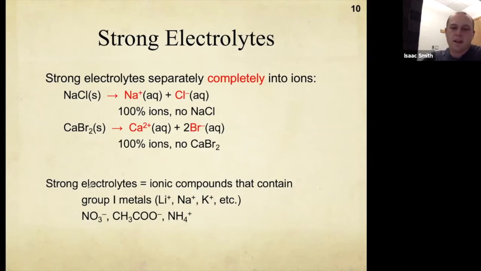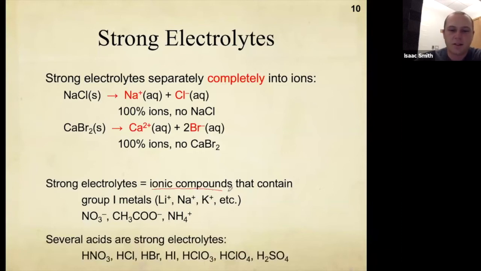We're going to talk more specifically in the next lecture about what compounds completely dissociate in water. So don't worry about this too much, because I'm going to go over exactly what you'll need to know in the next lecture. Right now, I just want you to understand that strong electrolytes completely separate into ions, okay? There are some ionic compounds that do this, and there are many acids and bases that do this as well, that we'll talk about in the coming lectures.